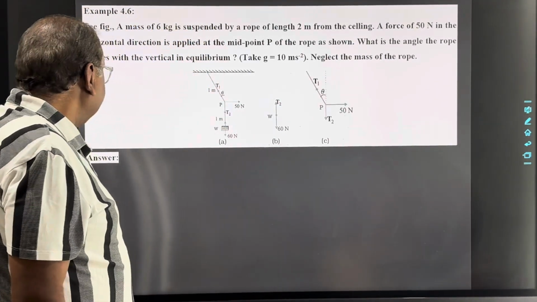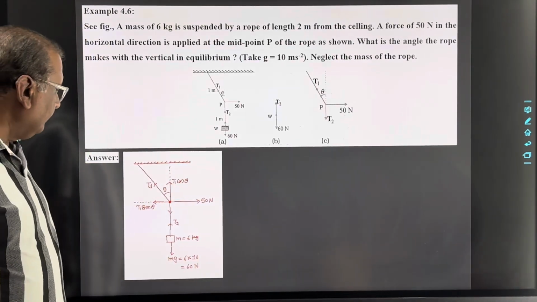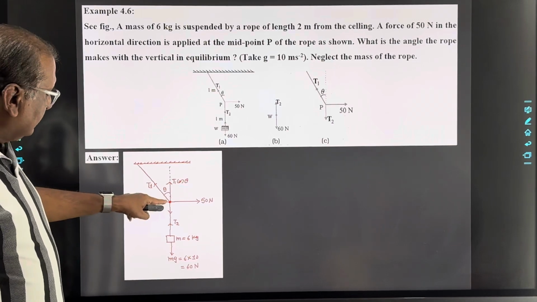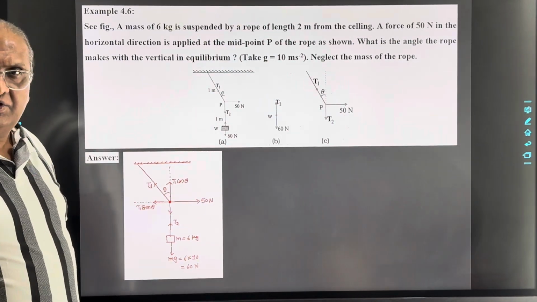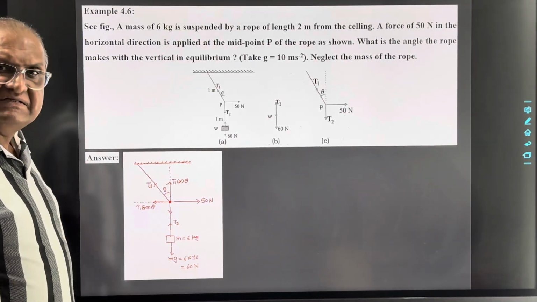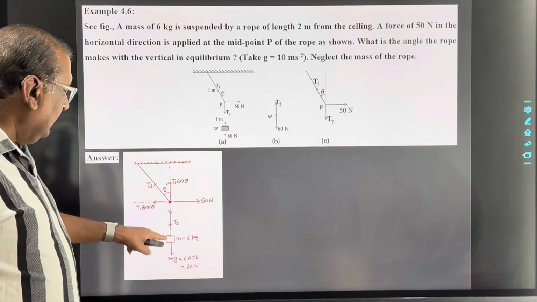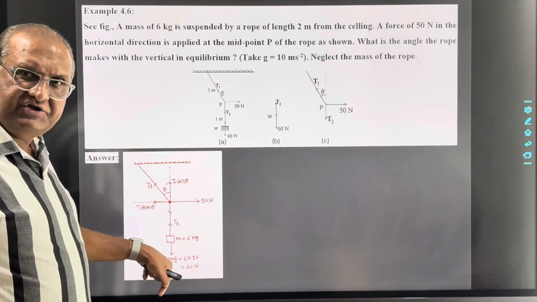Now see here. If we consider the figure, at this particular point 50 Newton force is acting in the horizontal direction. Due to the mass suspended at this end of the rope, there will be the weight of this object in downward direction.